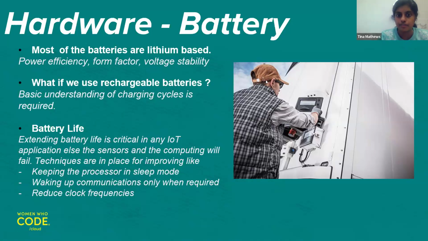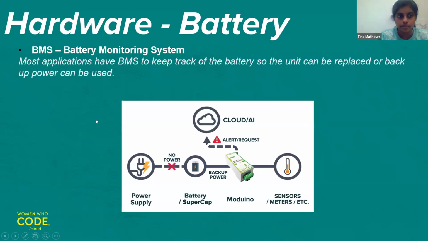Whereas if it's something else, like an industrial setup, maybe 20 or 30 minutes is okay, because there are people on shift and they need some time to take care of it. The other thing is that when you have to replace batteries, or when you need to look for a backup, you need a battery monitoring system. So most of the applications will have a battery monitoring system.